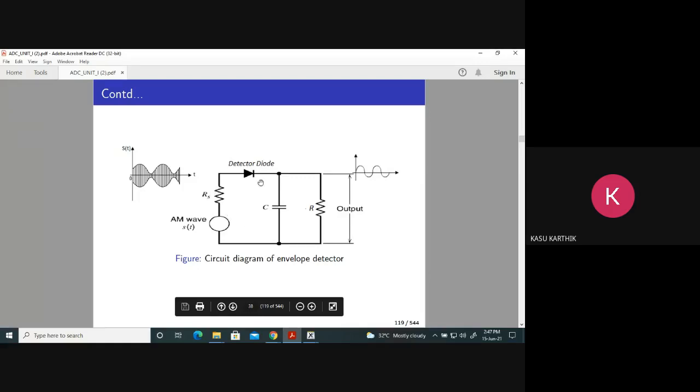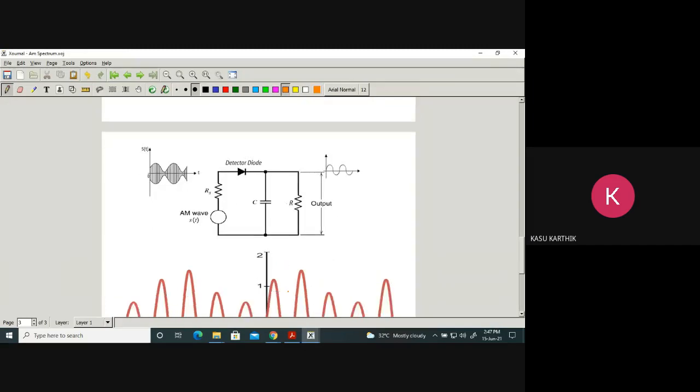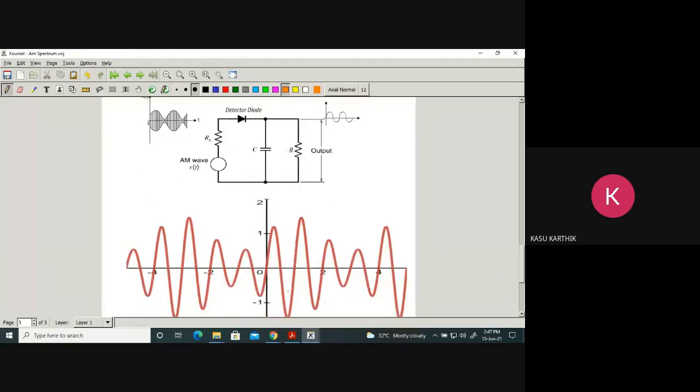Now, we have a non-linear device called a diode here. Let us take it as an ideal diode, when it is forward biased and reverse biased. So this is the P side, this is the N side.